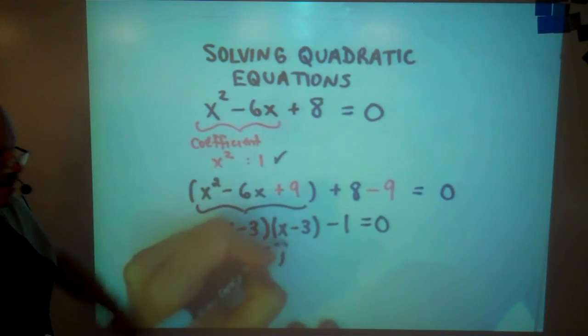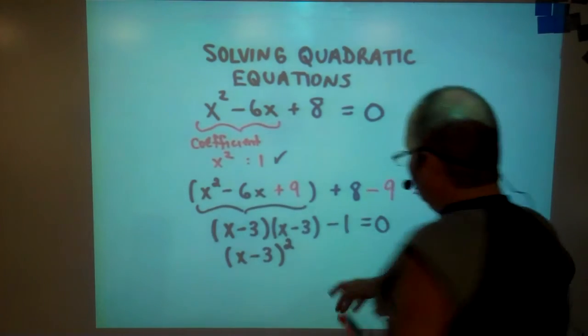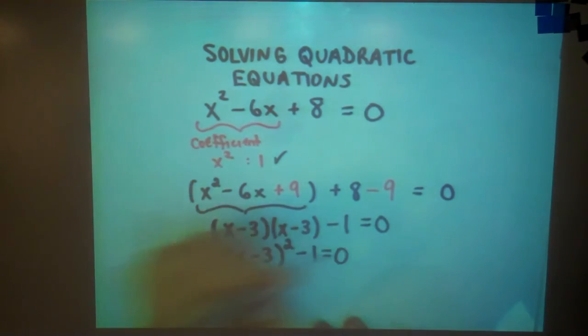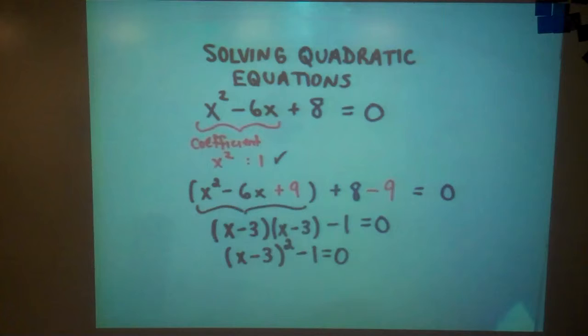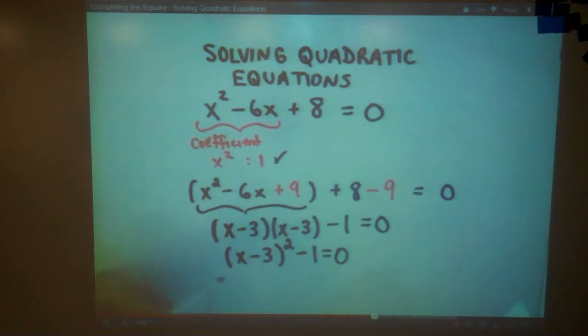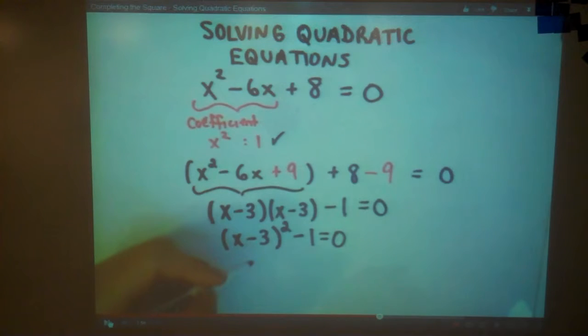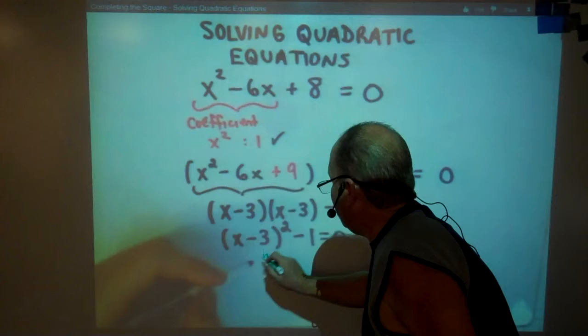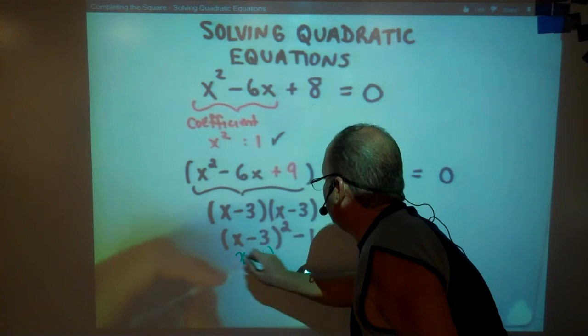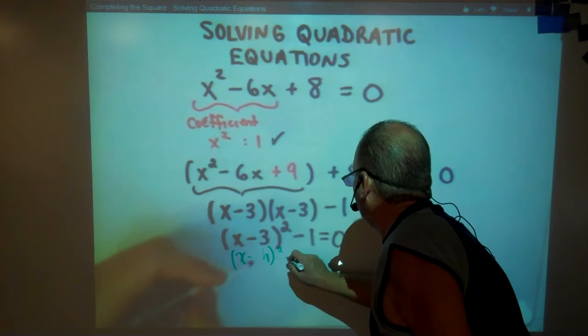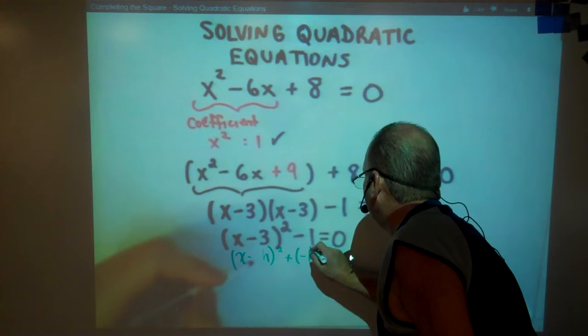Once we've done that, as you can see, we end up with the quadratic in standard form. And now we have our h and our k.